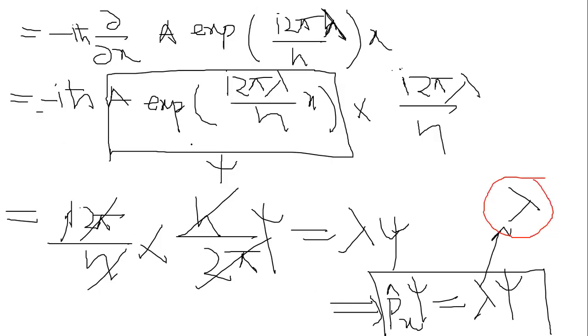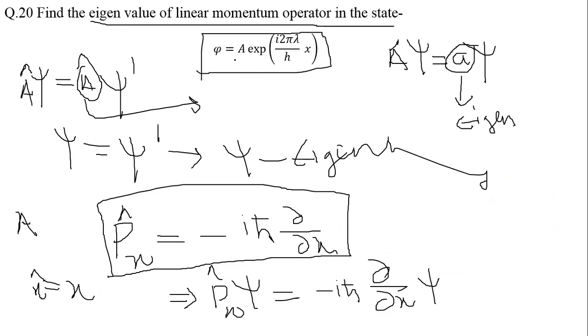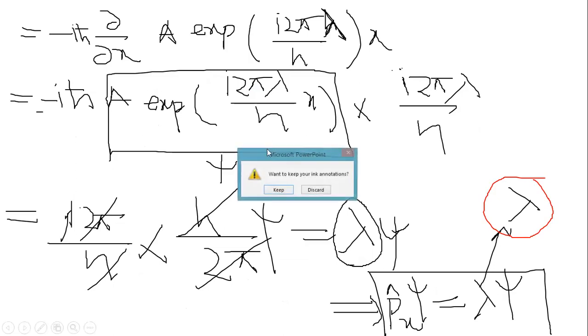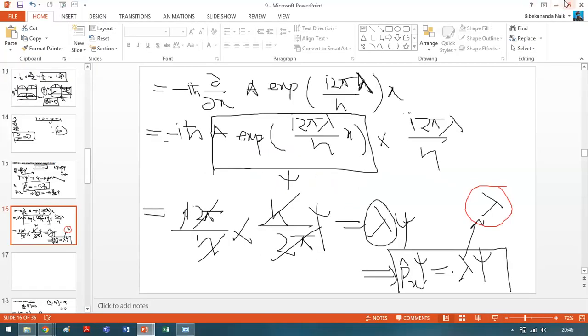So when you operate the operator on the wave function, the wave function remains unchanged, but we get some extra value along with it, and this value is lambda. You understand? So the eigenvalue of the linear momentum operator of the state psi is lambda. We can take another example.